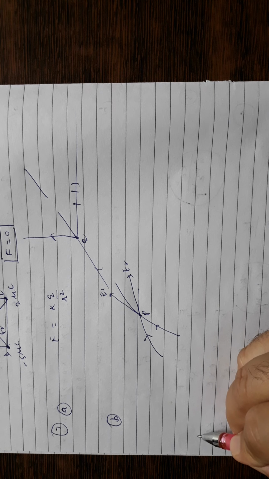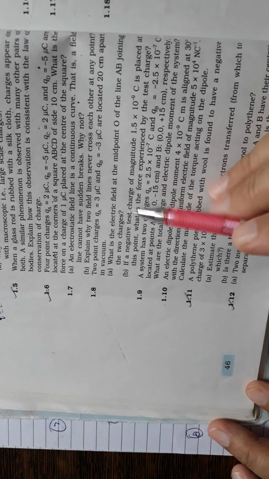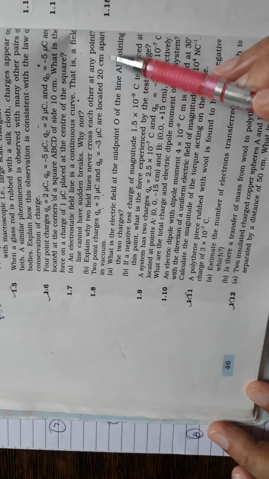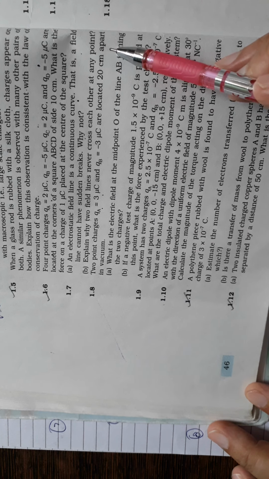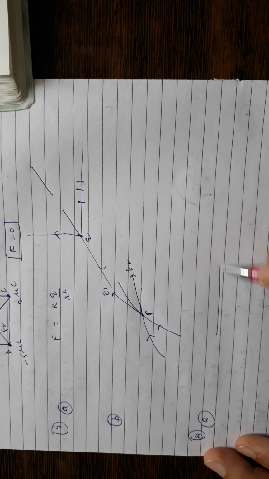Now the next question, question number 8. This question is a numerical. Two point charges of 3 microcoulomb and minus 3 microcoulomb are located 20 centimeter apart in vacuum. What is the electric field at the midpoint? So these are the two charges, students.